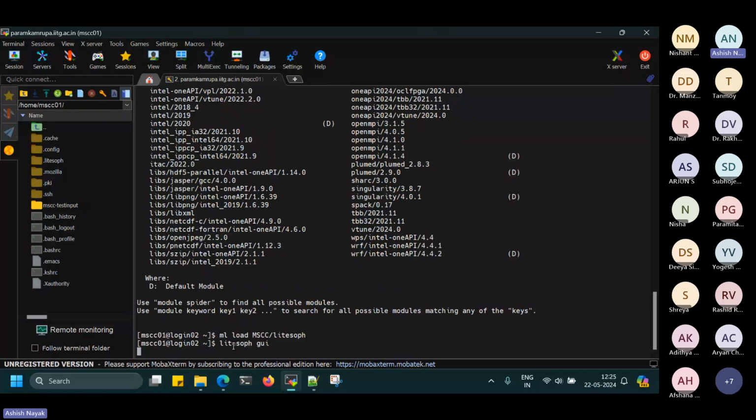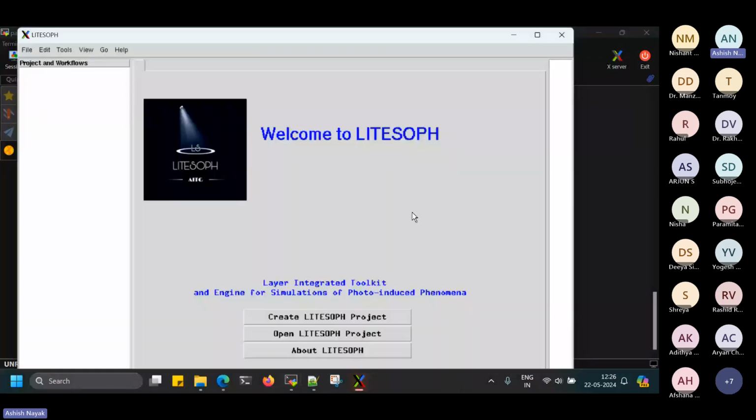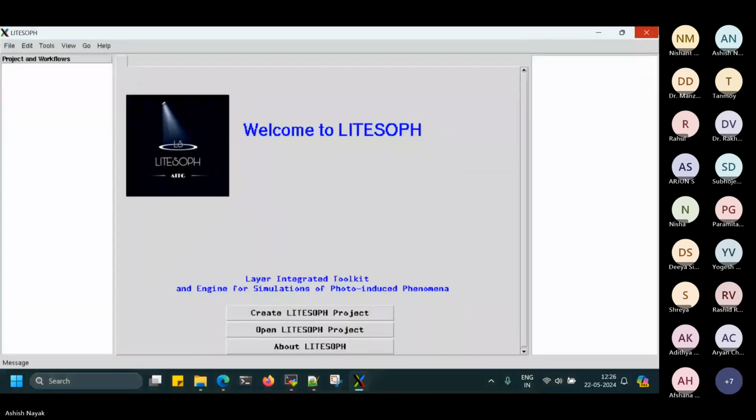It will take some time to open because it's a GUI and we are opening it through the cluster. So here is our LITESOPH GUI, and that's it. You can go ahead and close it.